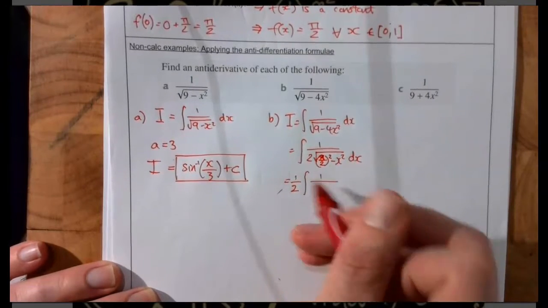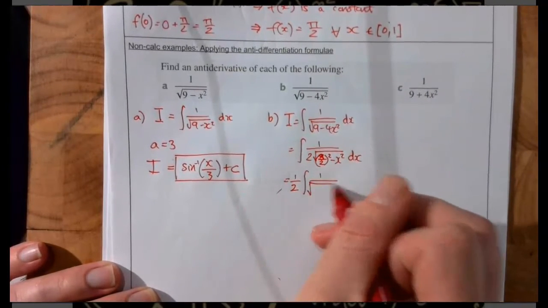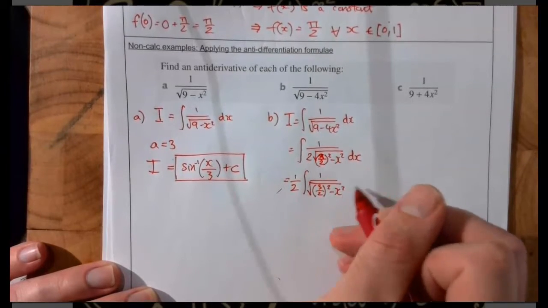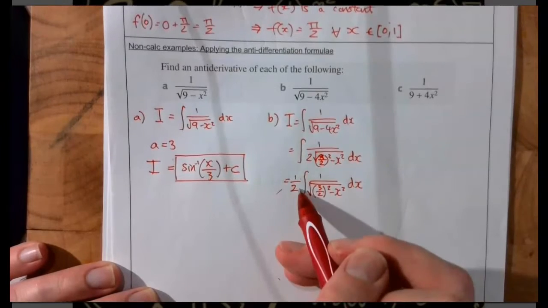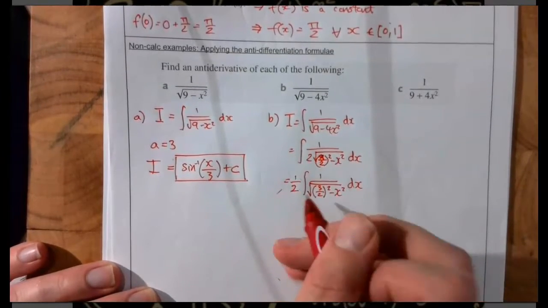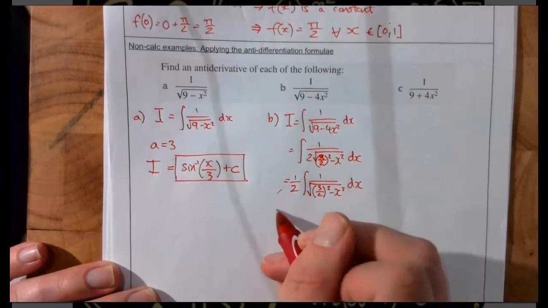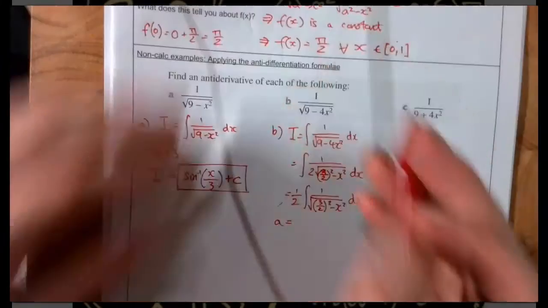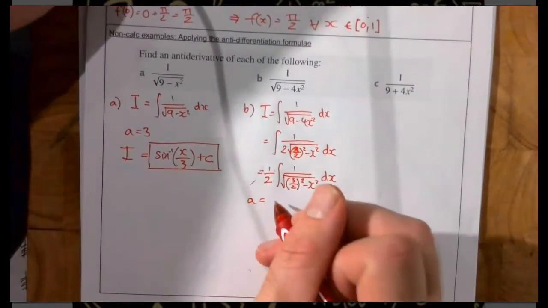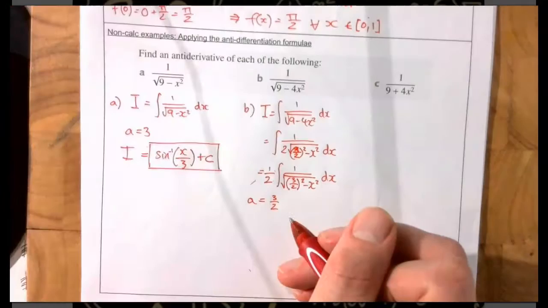And this form then gives us this, a half of this integral, bringing the 1 over 2 outside the integral. And in this situation, well, it matches the form for sine inverse exactly. It's got to be exact, with a equals 3 over 2.